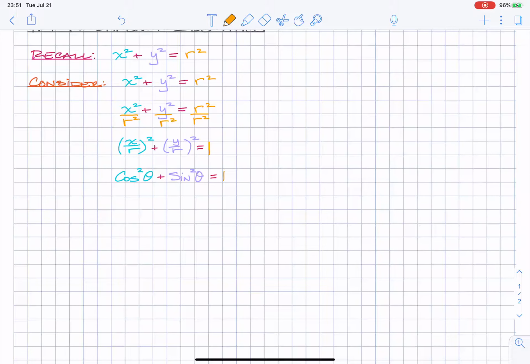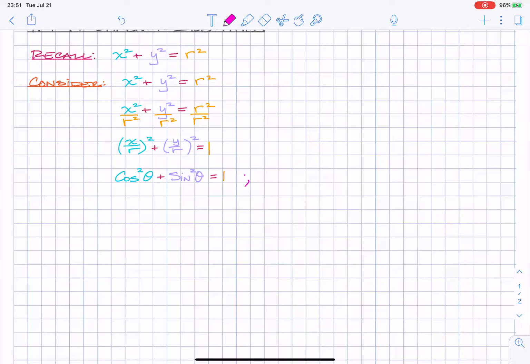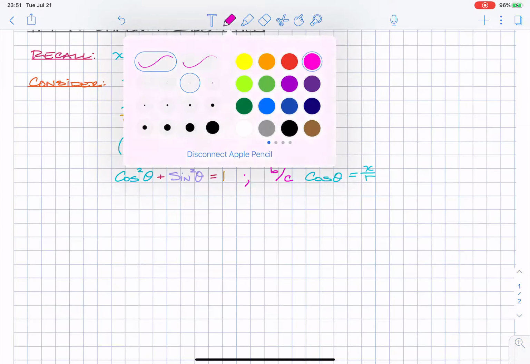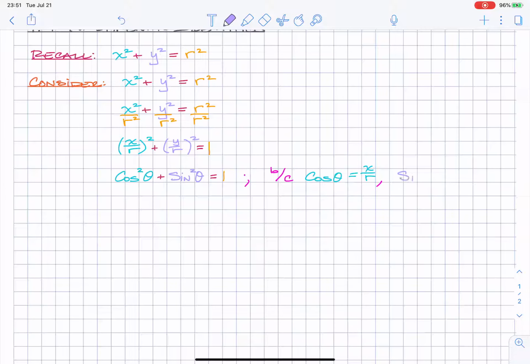And let me make sure we know why. That's because cosine of theta is always the x-coordinate over the radius, and sine of theta is always the y-coordinate over the radius. So that's where we're getting that from.